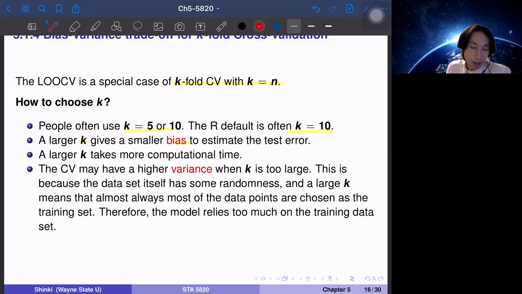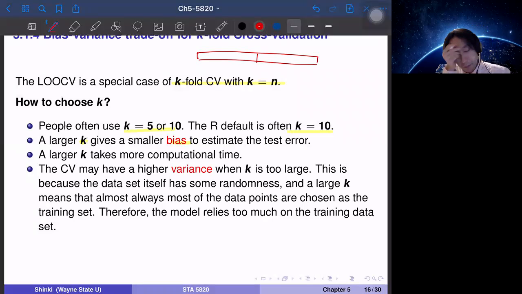It's a little bit difficult, but if k is large, then we use most observations as the training set.